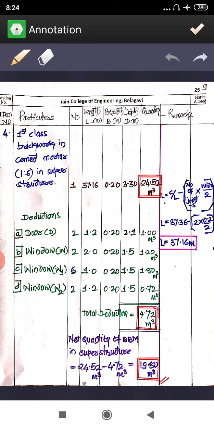Similarly W1, 6 numbers, 1 meter into 0.2 into 1.5, so you will have 1.8 meter cube. W2, two numbers, 1.2 into 0.2 into 1.5, so you will have 0.72 meter cube. So the total deduction quantity is 4.72 meter cube, and the net quantity of BBM is 24.52 meter cube minus 4.72 meter cube. Altogether you will have the net quantity of 19.80 meter cube.